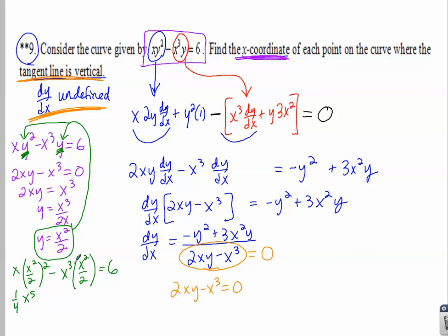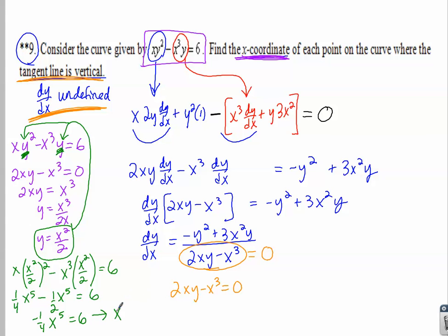Here, add the exponents, x to the 5th with 1/2. Notice I have like terms. I have a 1/4 x to the 5th minus a 1/2 x to the 5th. How about we think of that as 2/4? That translates down to negative 1/4 x to the 5th.